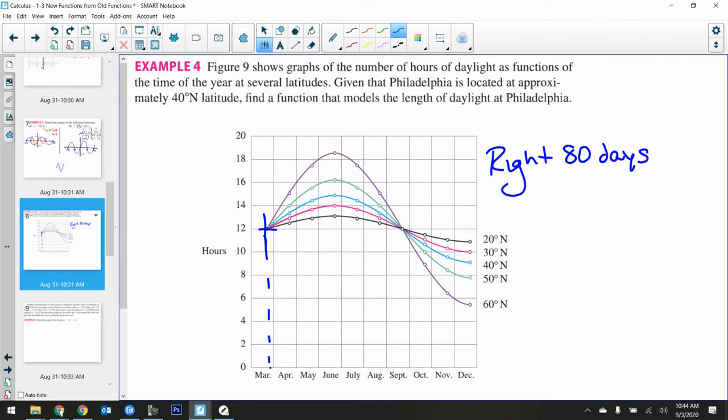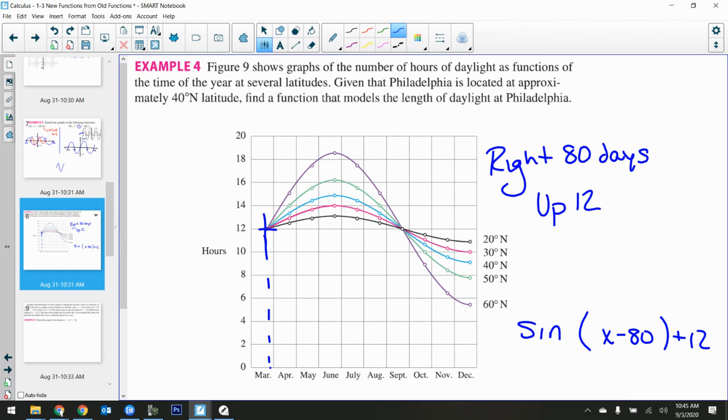How much did this get shifted up? 12. So this is an up 12. So we know right off the bat, if we're working with a sine function, this is going to be on the inside, x minus 80, and then a plus 12 sitting on the outside.